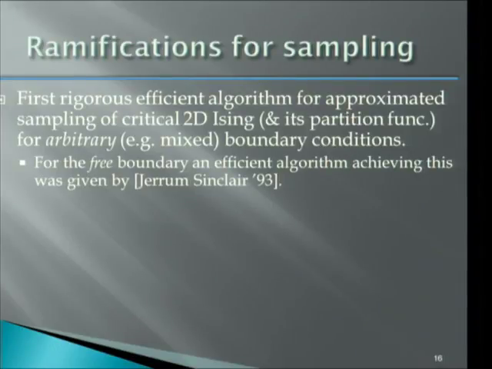In our theorem, we get as a corollary, as a byproduct, a very efficient polynomial algorithm for sampling, and it doesn't have to be a free boundary. It can be any boundary. You just run the Glauber dynamics. But just for the lattice, and just in 2 dimensions.